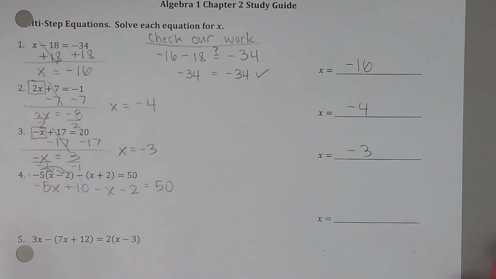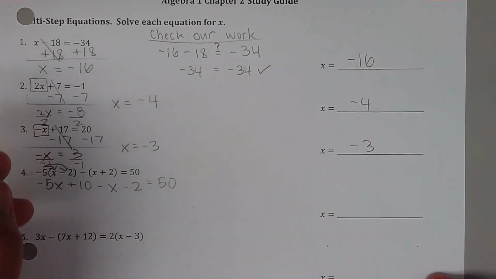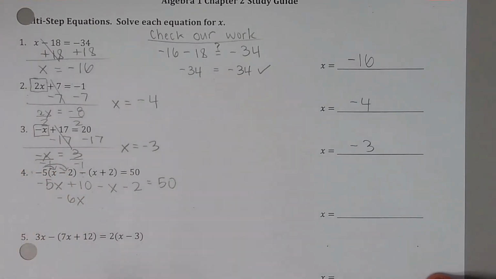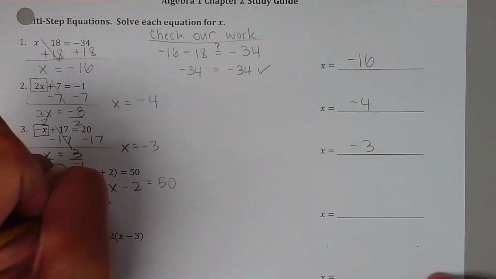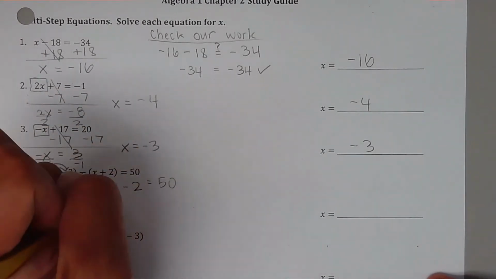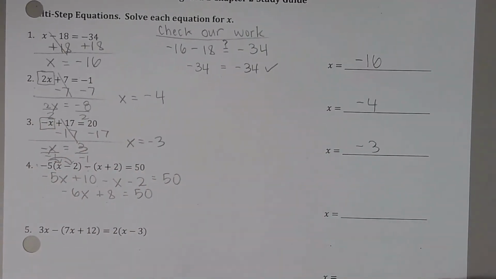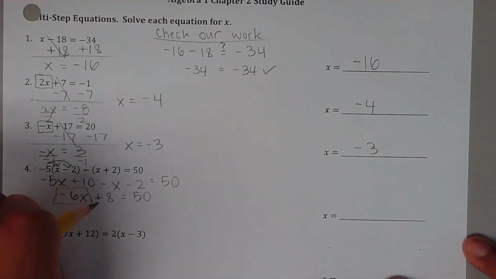All right, on the left-hand side, we combine like terms. Negative 5x minus x gives us negative 6x. And then 10 minus 2 gives us positive 8, or plus 8, is equal to 50. All right, now once again, we want to get x by itself. X is over here. So we go ahead and subtract 8 from both sides.